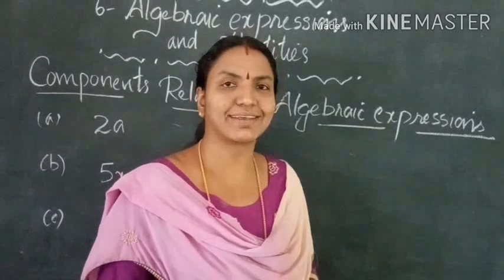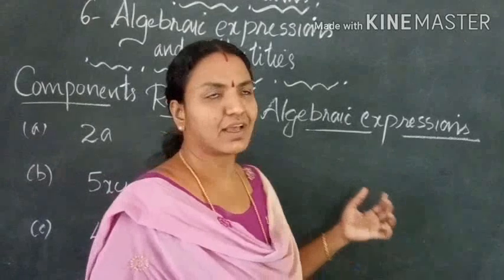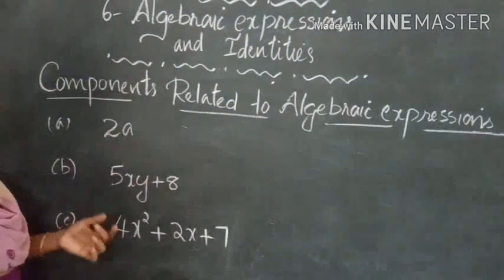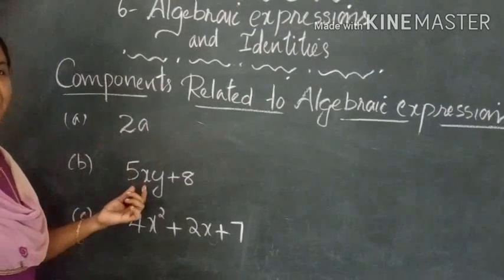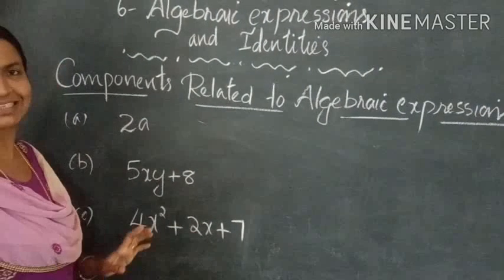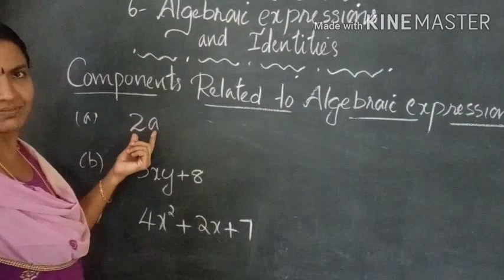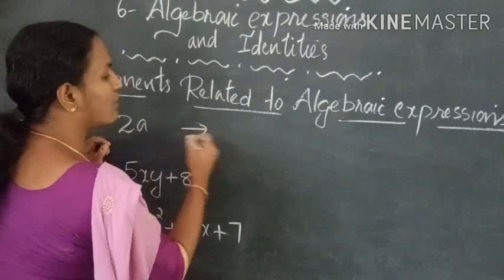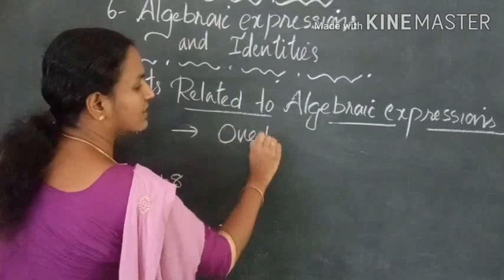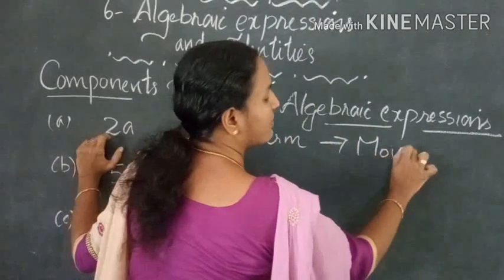Next, we shall discuss components related to algebraic expressions. Look at the following algebraic expressions: 2a, 5xy plus 8, 4x square plus 2x plus 7. In the first algebraic expression, there is only one term, so it is said to be monomial.